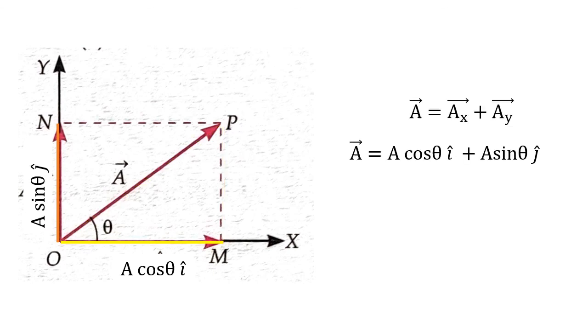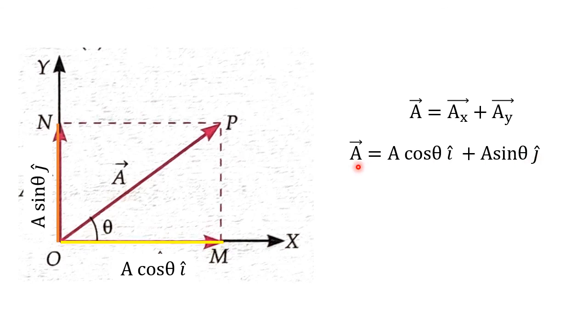So we know vector A equals AX vector plus AY vector. We have shown that the AX vector can be written as A cos theta i cap, and the AY vector can be written as A sine theta j cap.